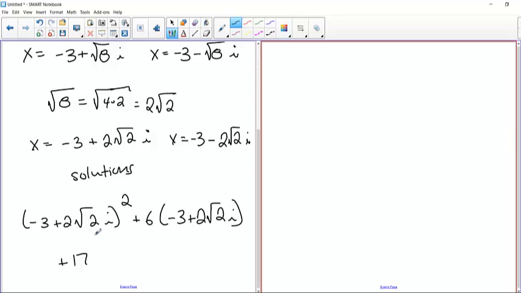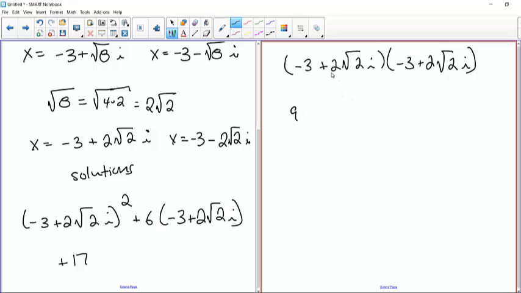Okay, then we can use FOIL on this one. So let's do that. Negative 3 plus 2 square root of 2 i times negative 3 plus 2 square root of 2 i. So if we multiply this out, first you'll get 9. Negative 3 times negative 3.